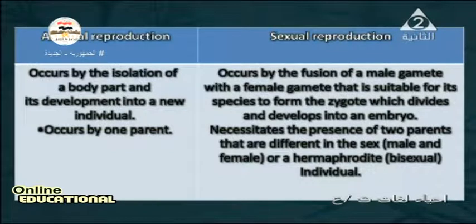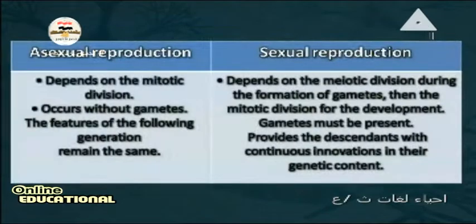Or maybe hermaphrodites. Hermaphrodites means male and female are found in the same organism, and this is also found in worms, like the bilharzia worm. Bilharzia worm is a hermaphrodite. Hermaphrodite means bisexual, male and female found together. Also, asexual reproduction depends on mitotic division and occurs without gametes.